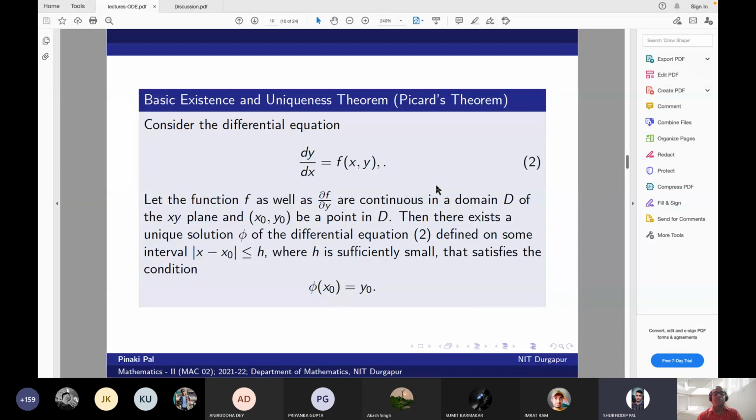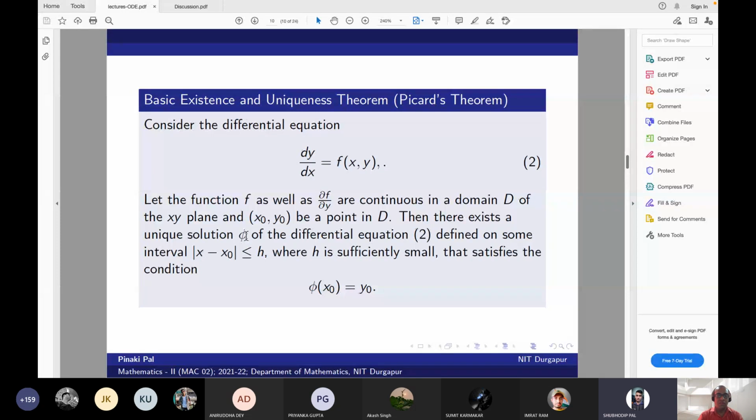Okay, so let's start with the mention of Picard's theorem. In the last class, some of you asked an interesting question: if you keep on changing the domain D, keeping the point x0, y0 always inside the domain, whether we will always get the same solution.